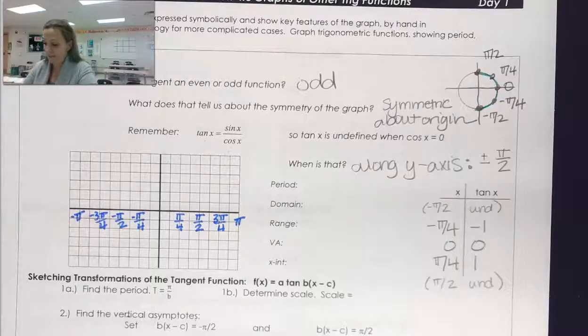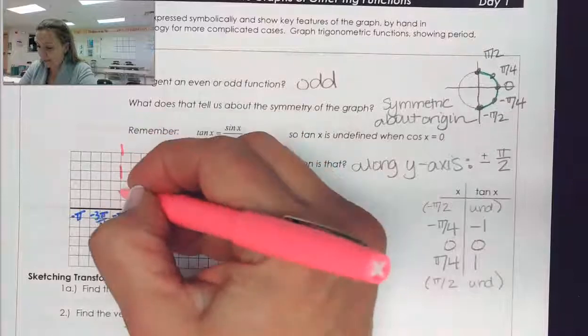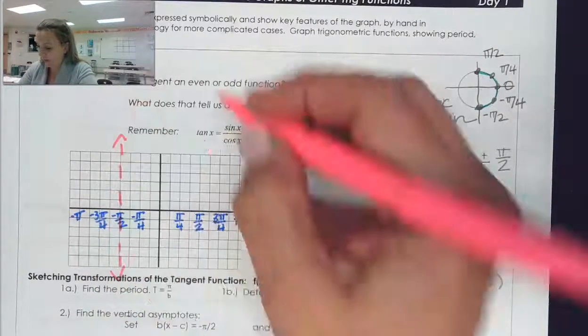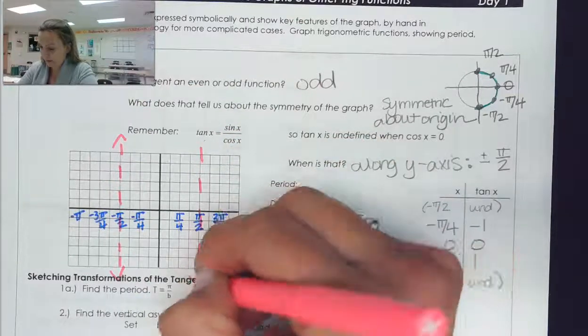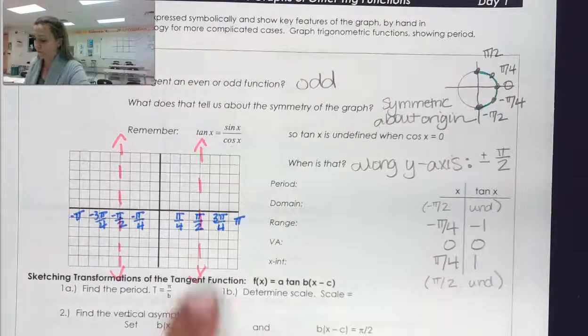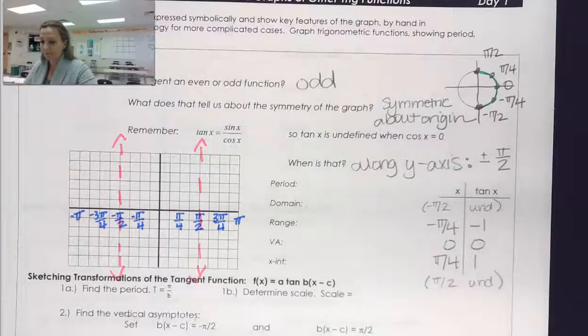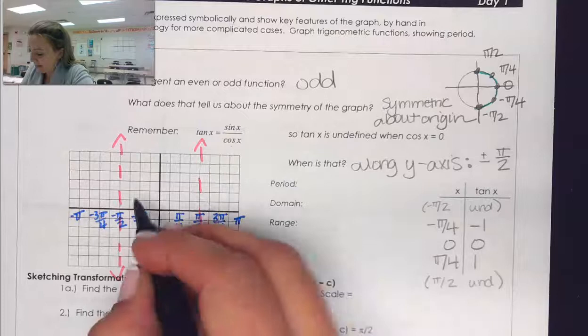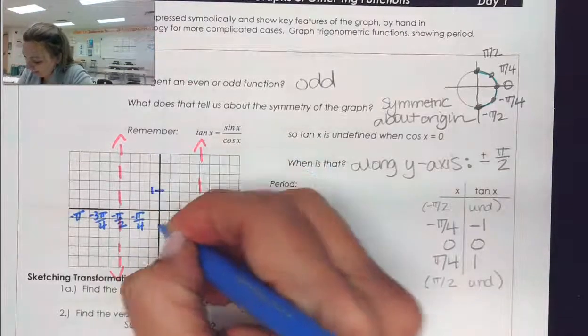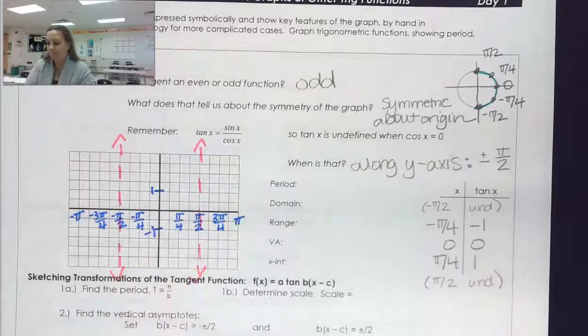And when a function is undefined, what we find is that there is an asymptote. So at negative pi over 2 and at pi over 2, there will be asymptotes. Let me make a scale over here too. Let's make this 1 and this negative 1.